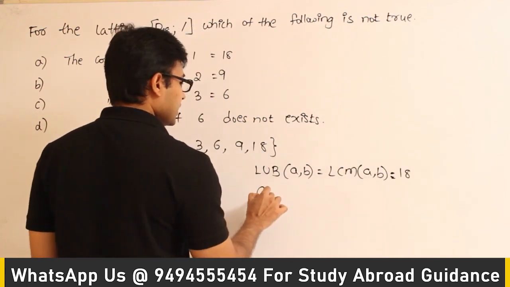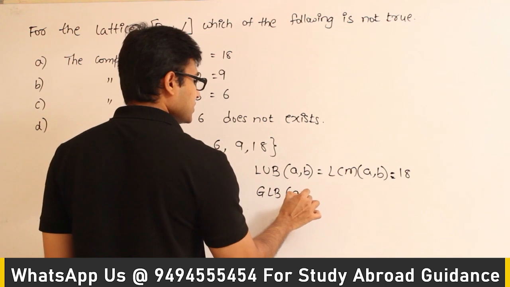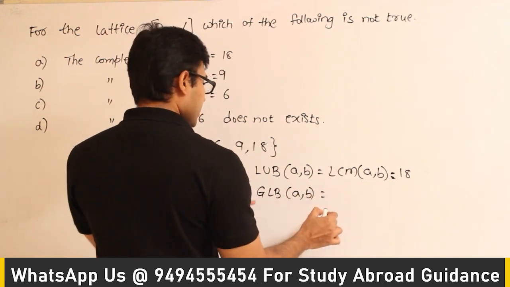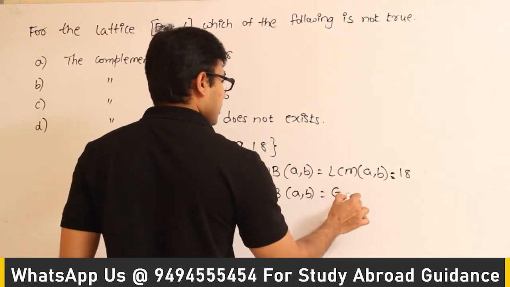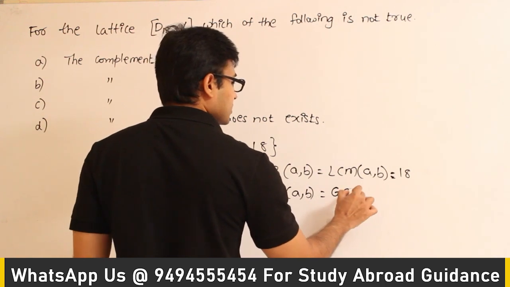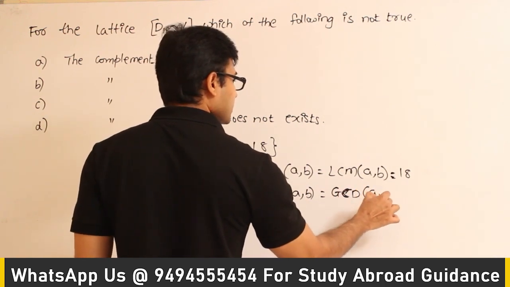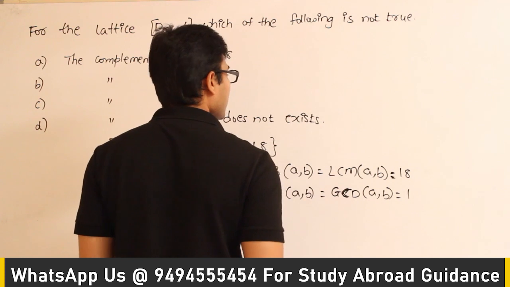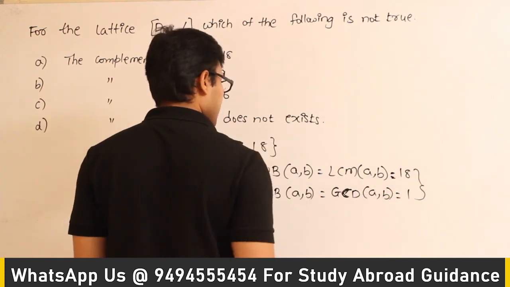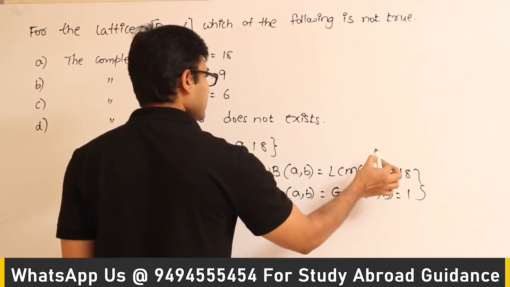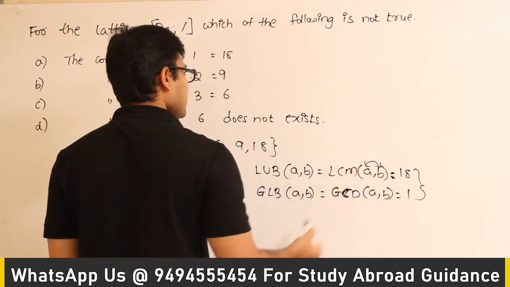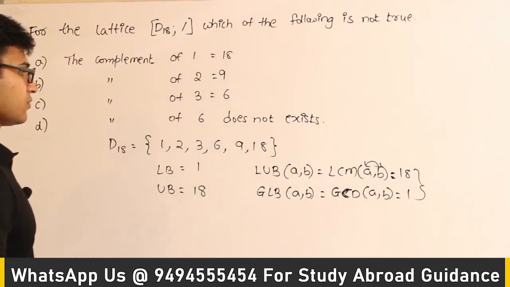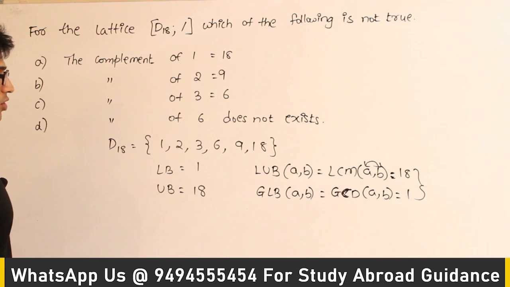And similarly, greatest lower bound of two elements a comma b, in this case greatest lower bound happens to be GCD. GCD of two elements a comma b, if it is equal to 1, if these two conditions are satisfied, then we can say that a is a complement of b and b is a complement of a. That is how we can identify whether they are complements of each other or not. So this is one way.